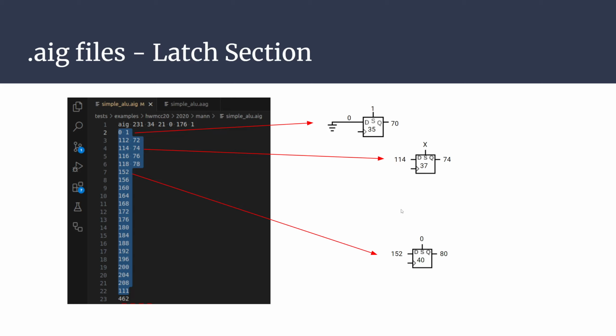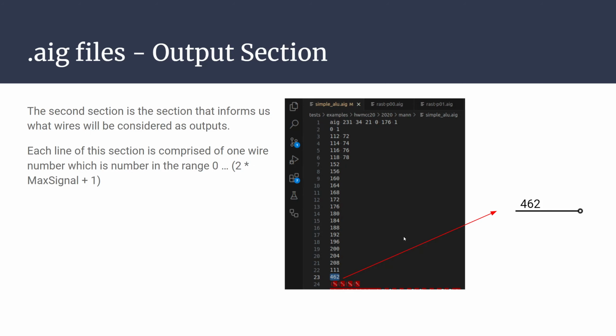Okay. Now, this 152, we can see that the 0 is redacted, because you can do that, because that was before 1.9. And so you have a latch which is 152 with 0 as initial value, and the wire number would be 80. That's the output wire. All right.